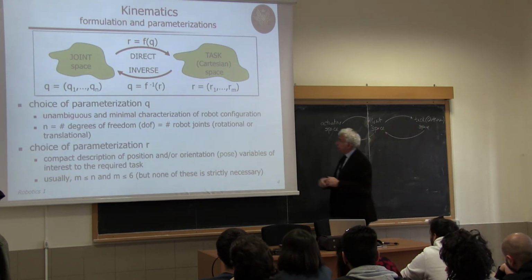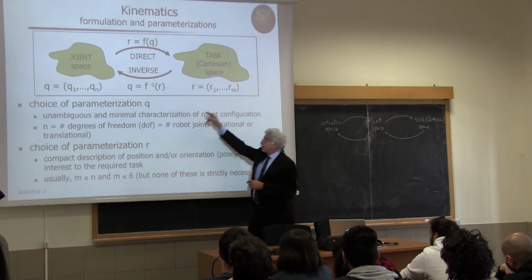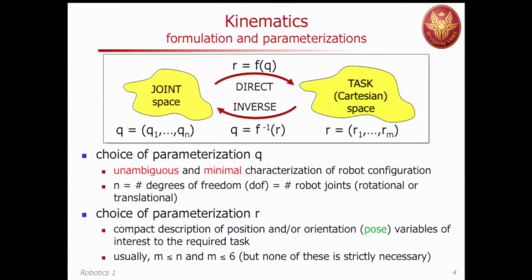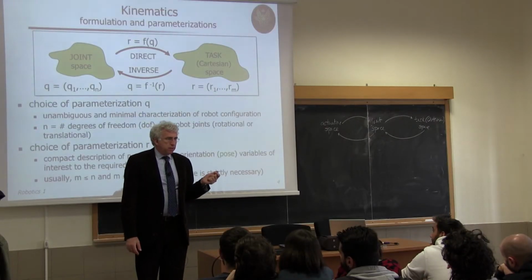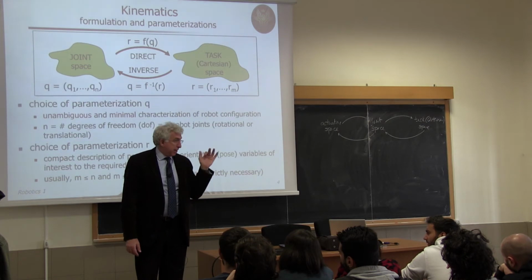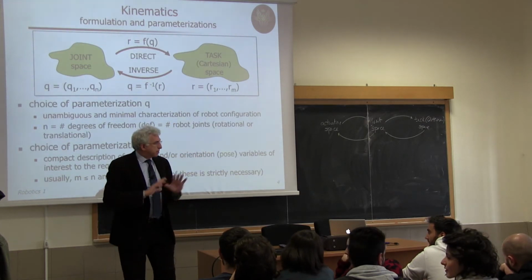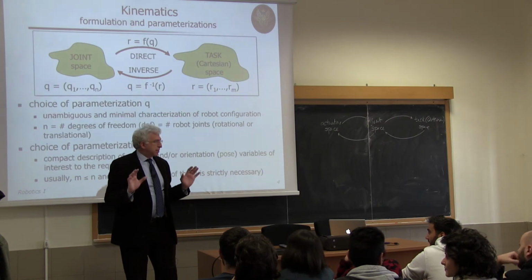So if we have m equals 6 here, then what if I have a SCARA robot? What is n for a SCARA robot? All SCARA robots may change in size, but they are all made in the same way.